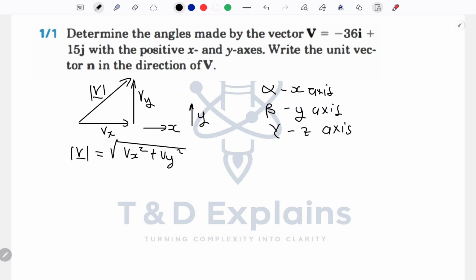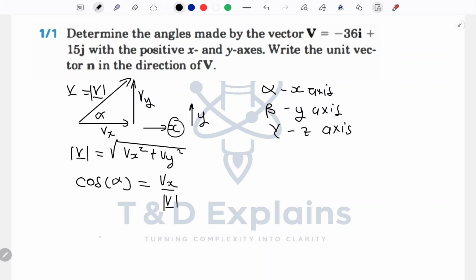Because this is the x-axis, the vector v, going this way, makes an angle with the axis which is called alpha. And if we use trigonometry, cos alpha is going to be equal to what? vx, adjacent, this is the adjacent side, over the hypotenuse, which is the magnitude of v, the resultant vector.